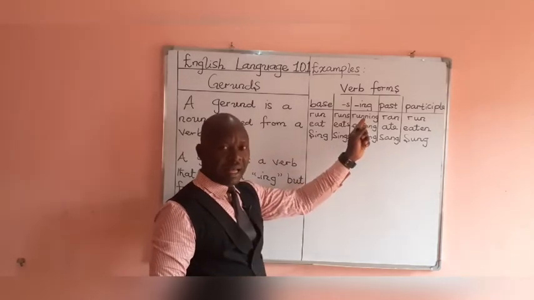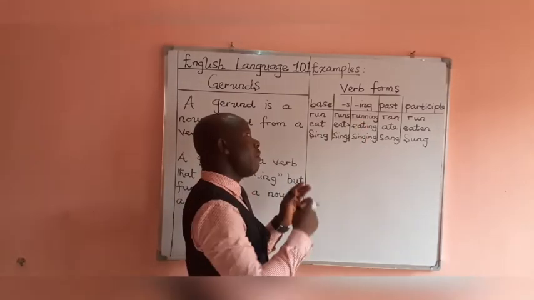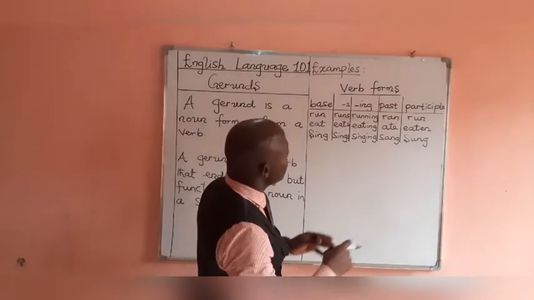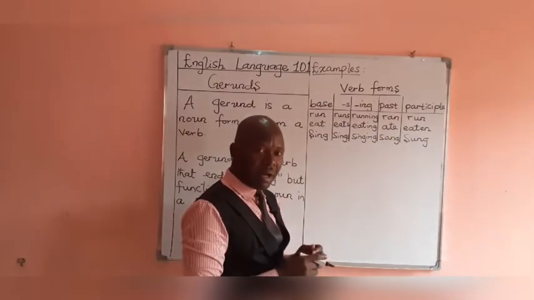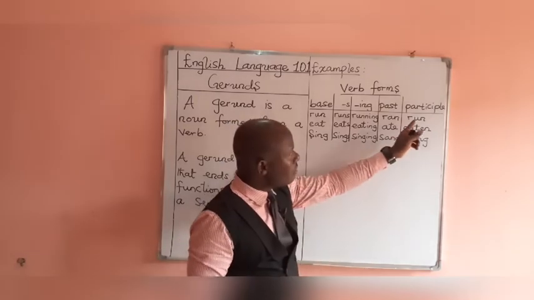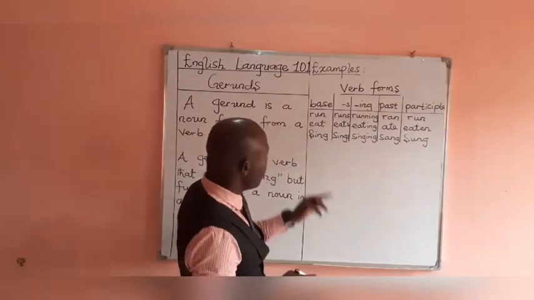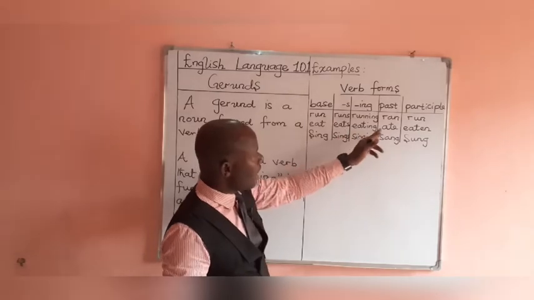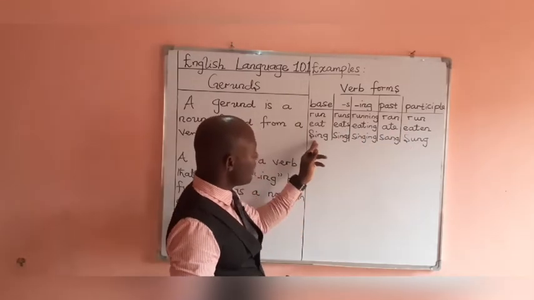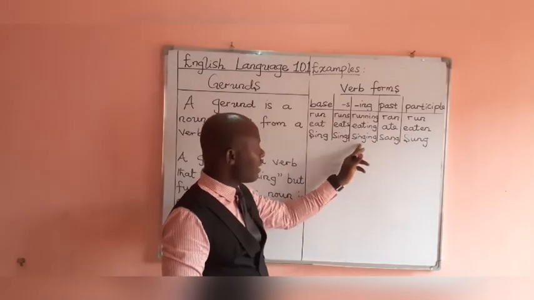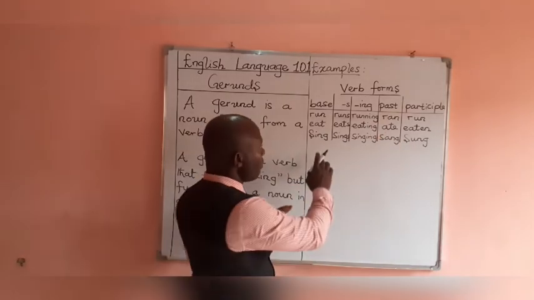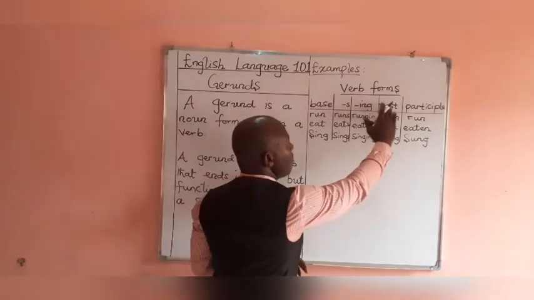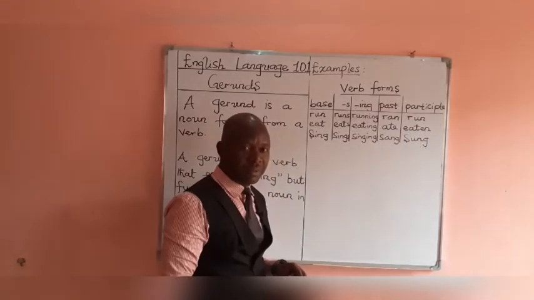Running, that's the ing form or the present participle form. Ran, that's the past form, while run is the participle form. Eat, eats, eating, ate, eaten. Sing, sings, singing, sang, sung. All of them follow these five forms of verbs.